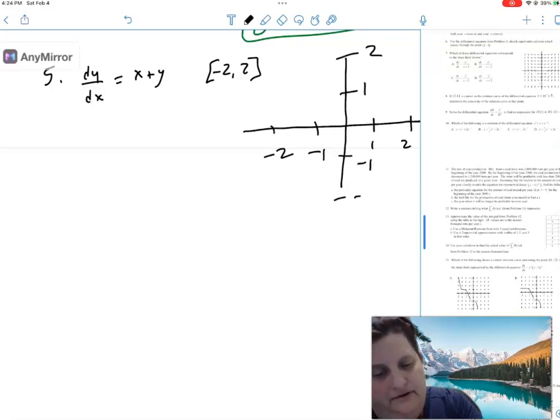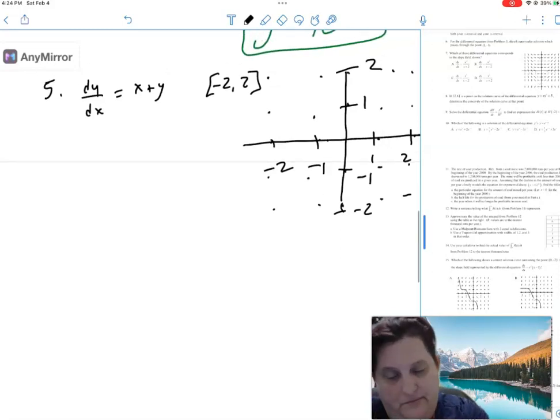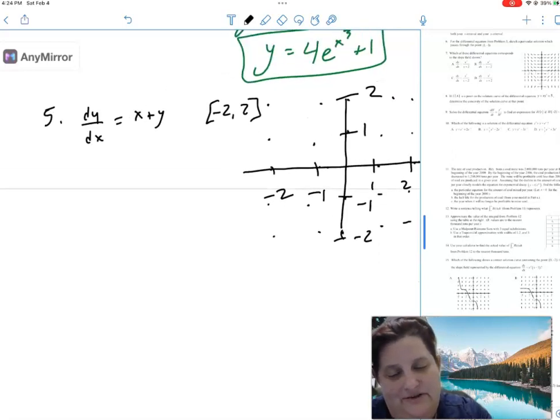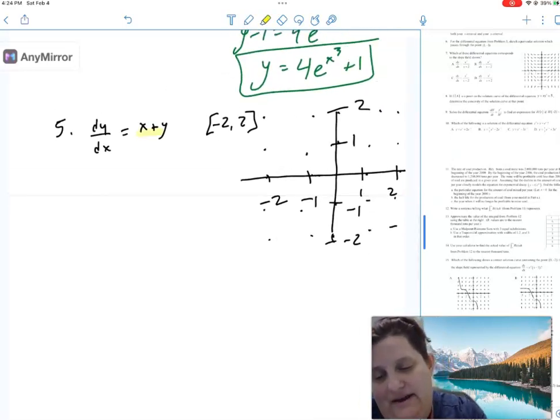So it's basically asking me for all these points. That is very annoying. But it's not too bad. I mean, you could make a table or something, but all we're doing is adding x and y, okay? So just think of these points in my head.